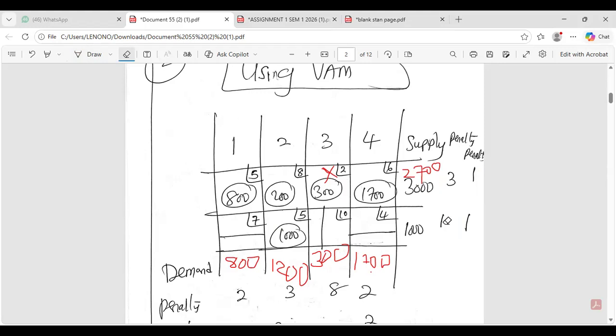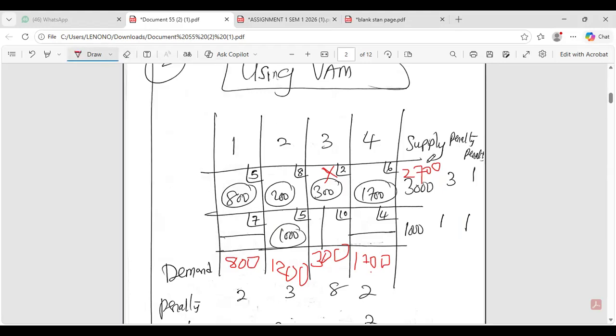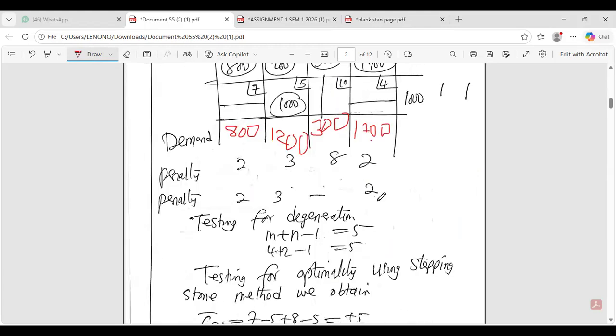So a penalty of 3 means that we check on the supply and demand which one would actually meet the demand. Okay, so from here, we know that the 300 entered here using the penalty of 8.